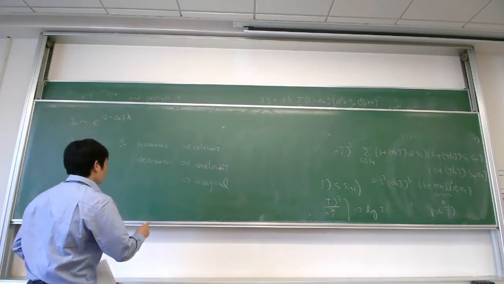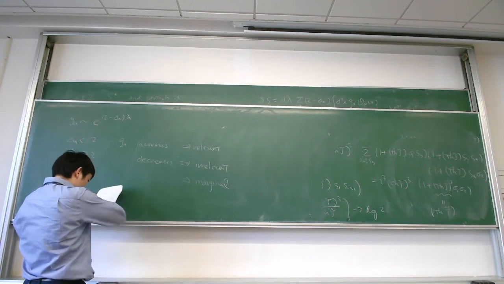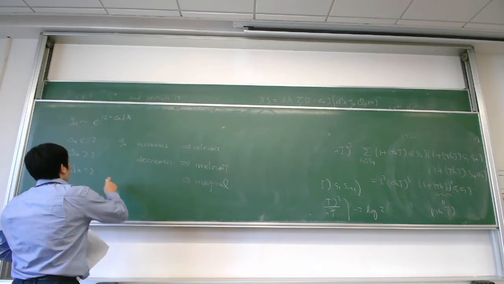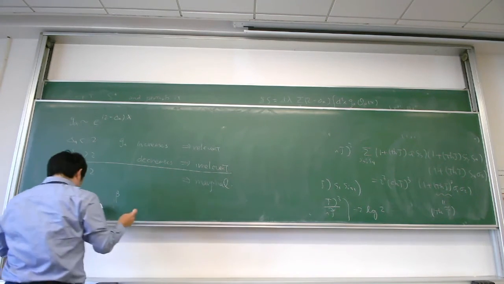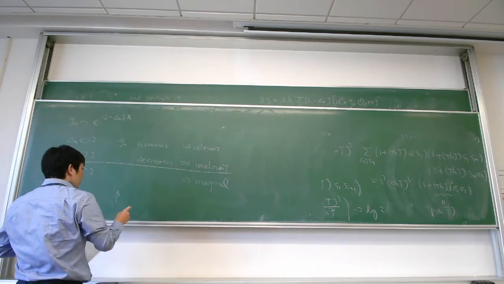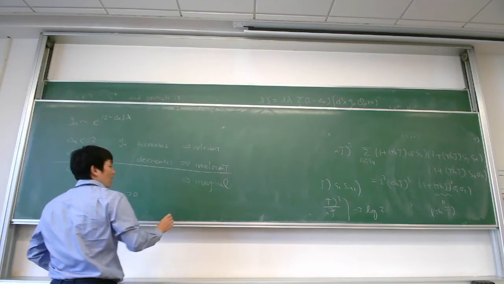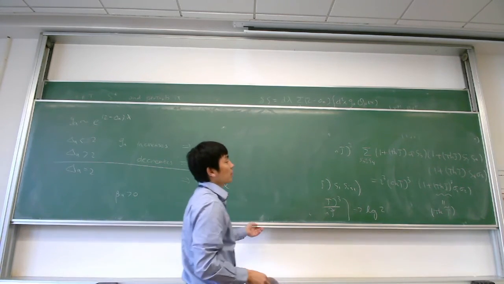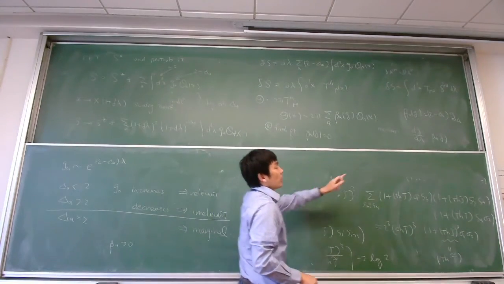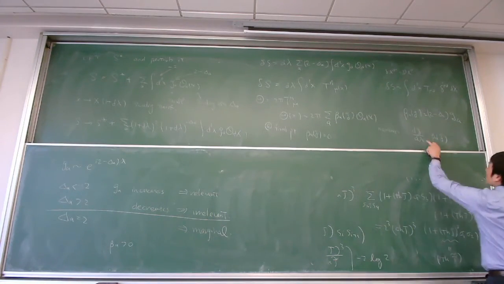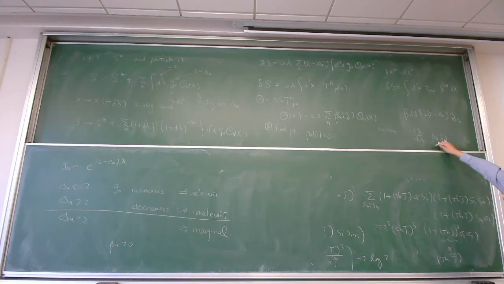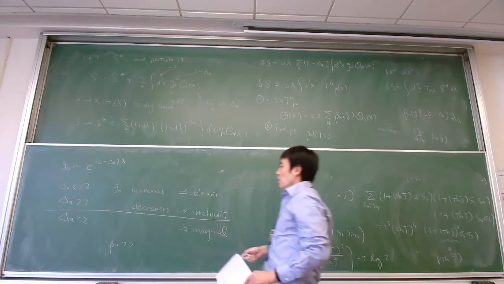That depends on this beta function. So let's talk about the case when the beta function of G_A is greater than 0. It's called marginally relevant. Because as I mentioned, I defined the beta function like this way. So G depends on lambda positively, and then the coupling constant grows as you go to the infrared.